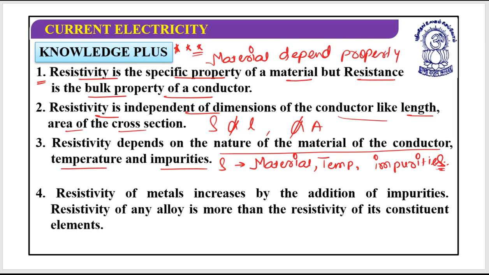Yes, the resistivity of metals increases by the addition of impurities, and the resistivity of an alloy is more than the resistivity of its constituent elements.